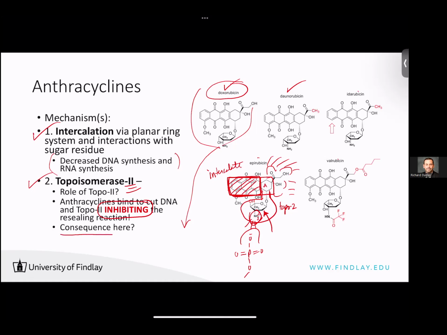As a result, what you end up with is an increase in the frank number of double-strand DNA breaks.